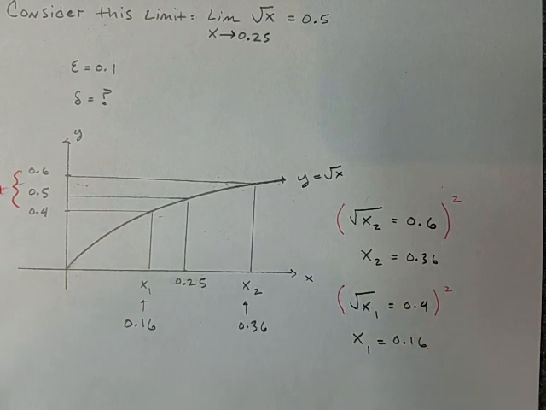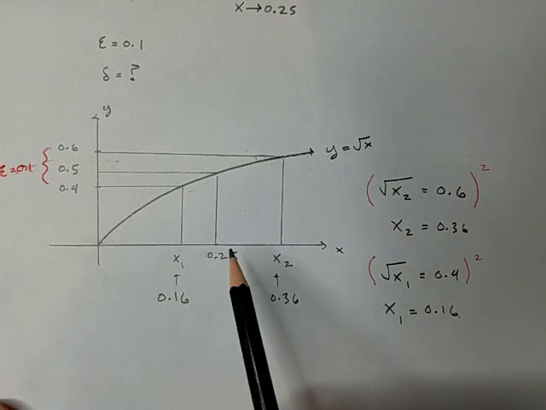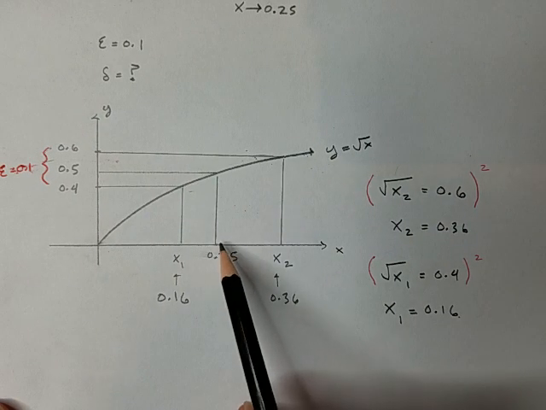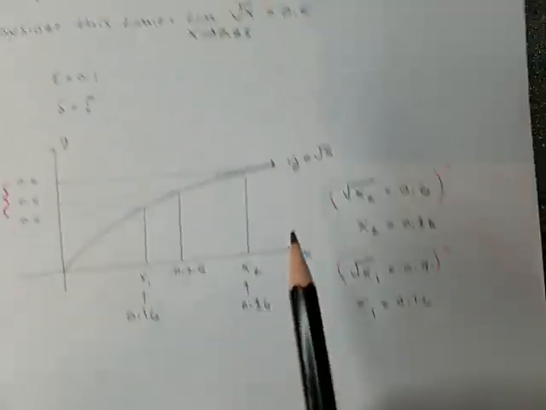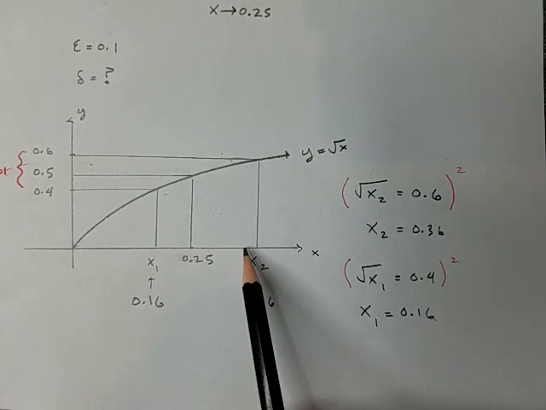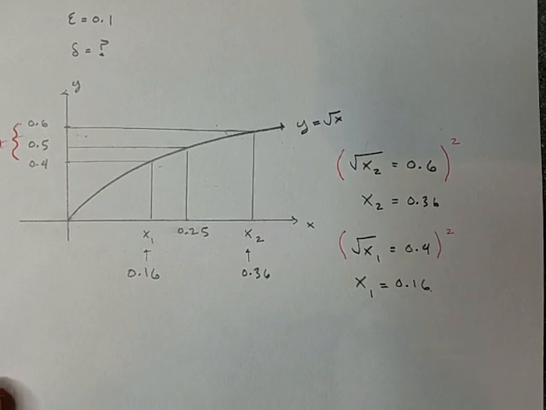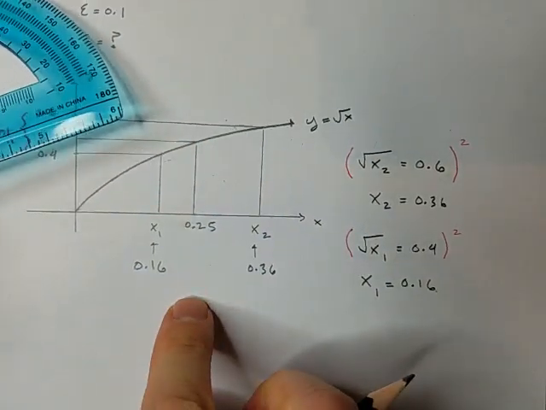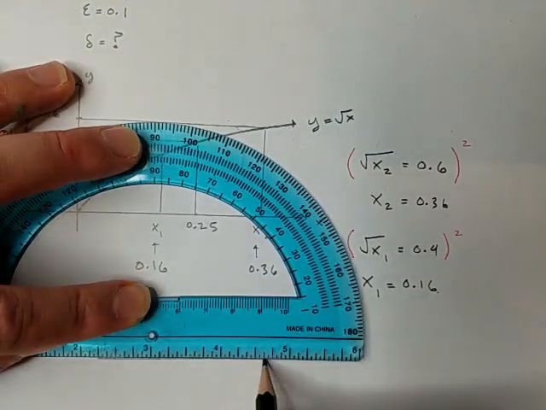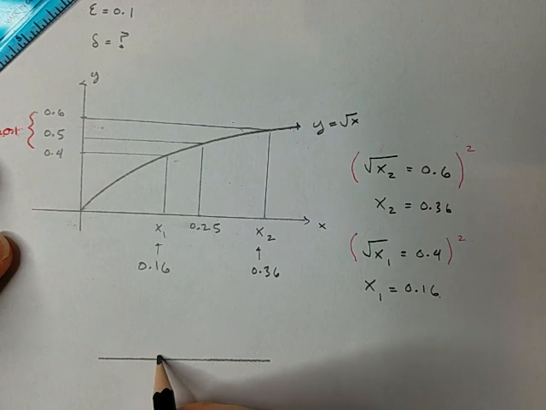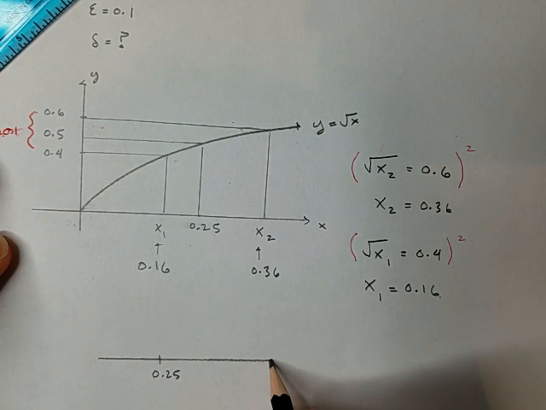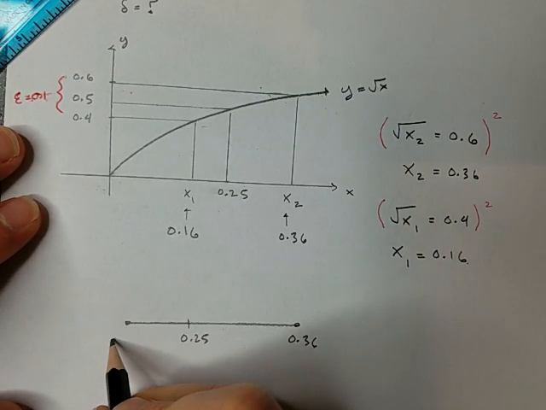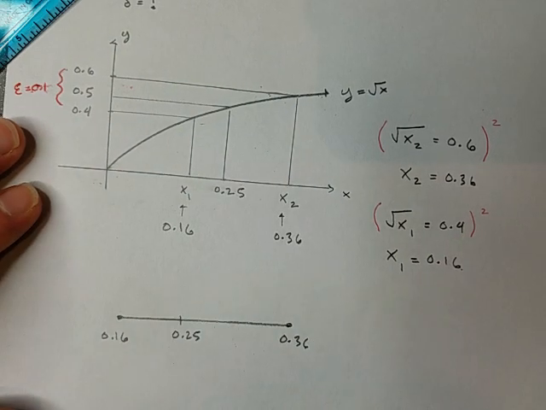Now, what makes this one different from the others that I've showed you so far is that from our x value on our limit, it's a little bit further one way than the other, okay? So let me zoom into this and show you what I mean. Say you got like 0.25 right here, and then we've got like 0.36 here, and we got 0.16 there.